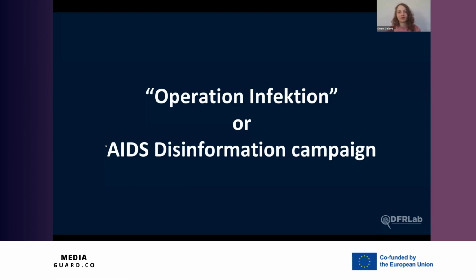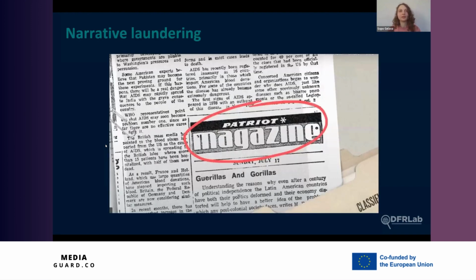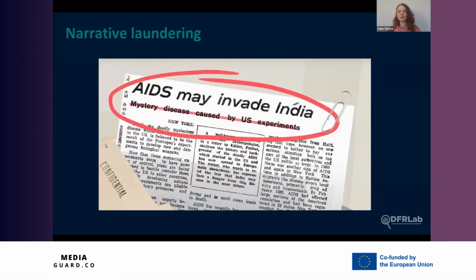The name of this was Operation Infection, also known as the AIDS disinformation campaign, and everything started in 1983 when in India, very far away from the Soviet Union, an English-language newspaper called Patriot Magazine published an article with this title: "AIDS may invade India, mystery disease caused by US experiments."